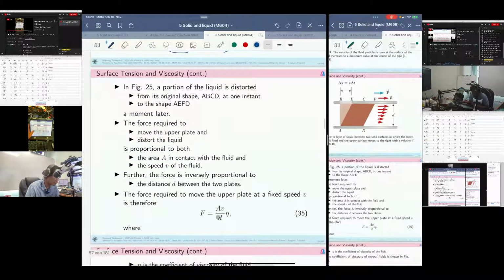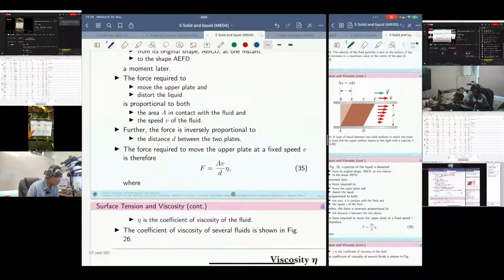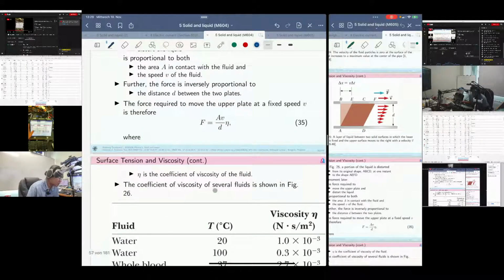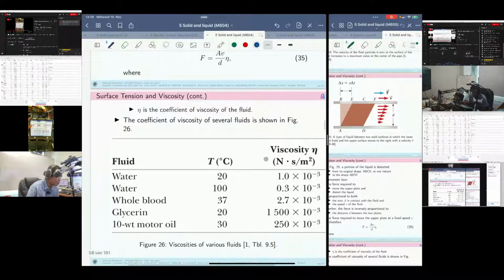Okay, and the force can be expressed like this, right? A times velocity, divided by d, and eta. Eta is the coefficient of viscosity of the fluid, and the coefficient of viscosity of some fluids is shown in this table.